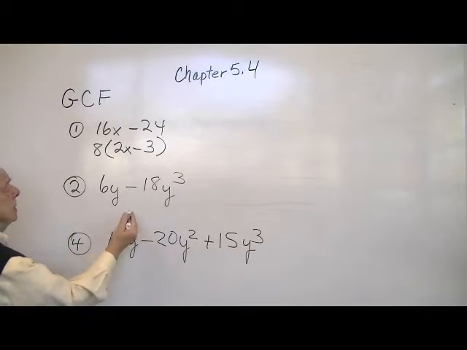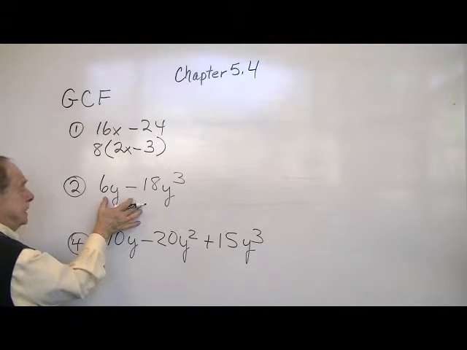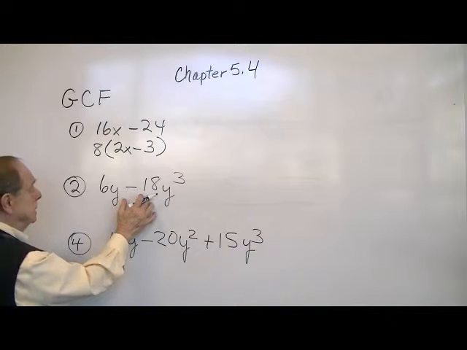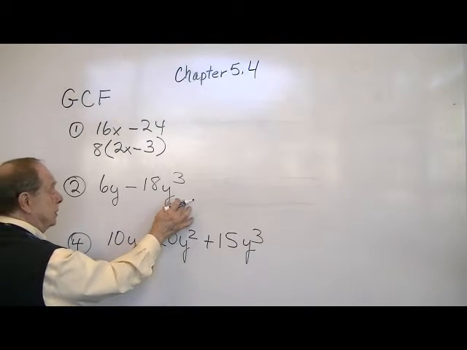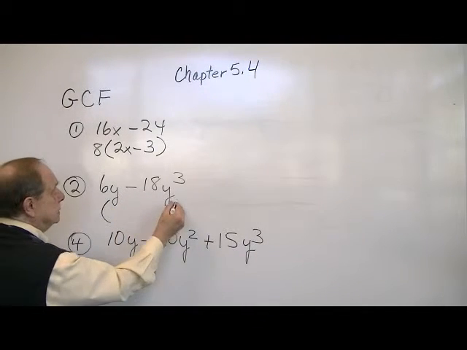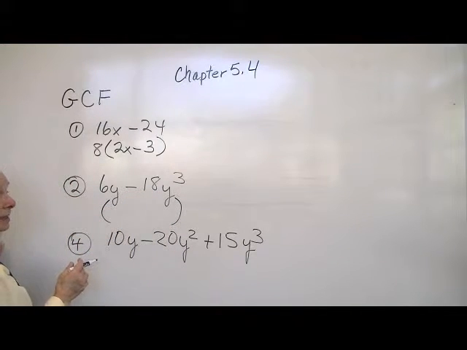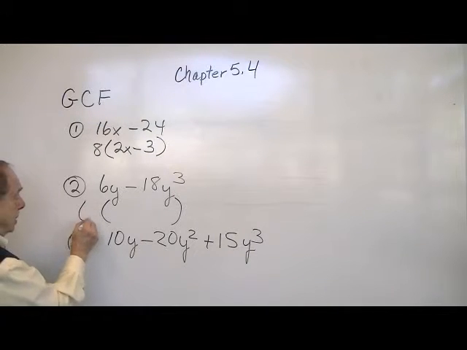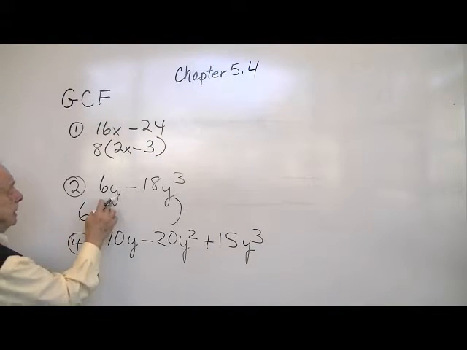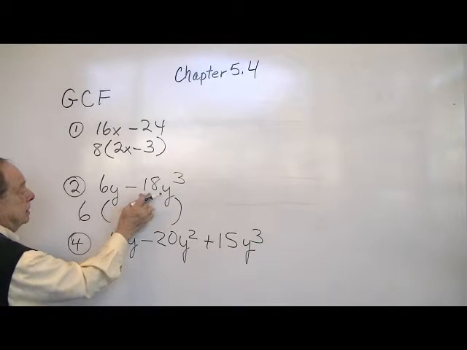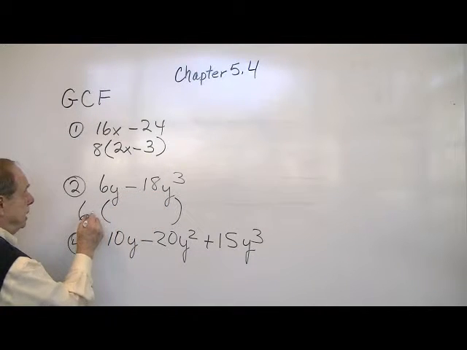All right, for this one, as you look at it, we have a 6 and an 18, and a y and y to the third. The greatest common factor we can take out of there, think of it for a moment. The number part would be 6, and then the letter part would be y.